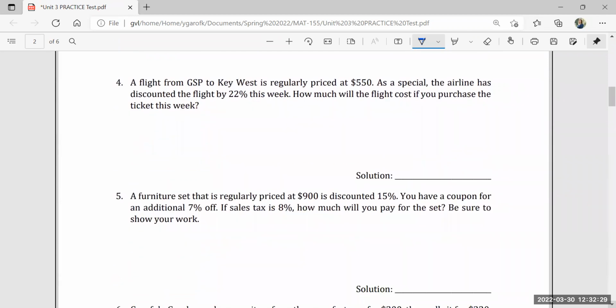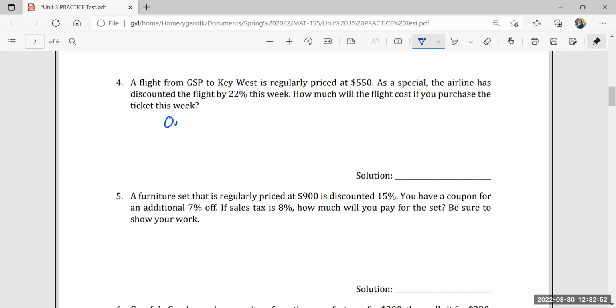Now we have a flight from GSP to Key West. That would be nice. It is regularly priced at $550. The airline has a special right now and they've discounted the flight by 22% this week. How much are you going to pay if you buy it while it's on sale? The easiest way to do this is to do that shortcut, okay?